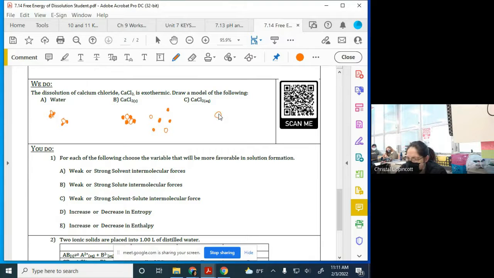So this is my positive ion, this is my calcium here. I'm going to end up with the hydrogen surrounding on the outside of the water. It's going to come together like that. And then my negative ion here will have the water end surrounding it. Oh, wait a minute.